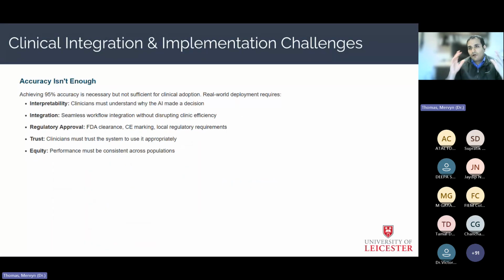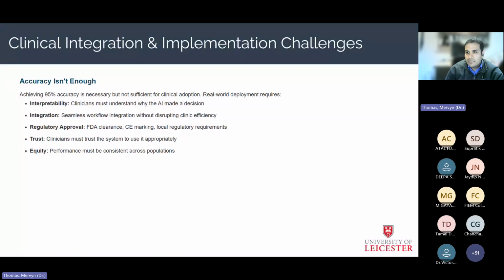So now, just to put all of this together, here's the reality check, right? We talked about adult diseases, systemic diseases, and pediatric diseases related to the eye. The reality is that 95% accuracy isn't necessarily enough for clinical adoption. Real world deployment requires sometimes much, much more.